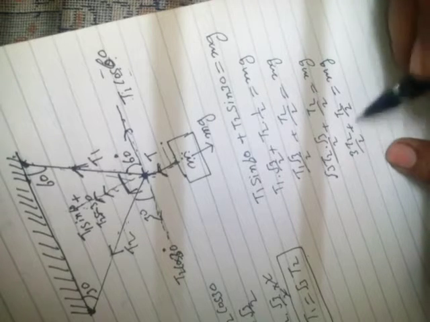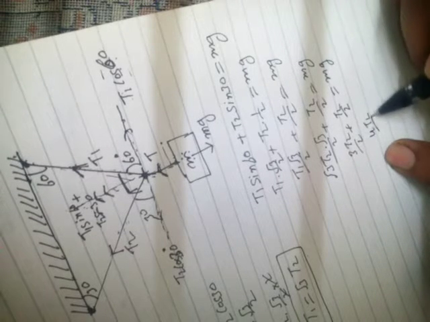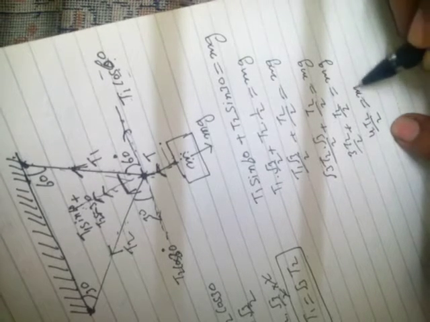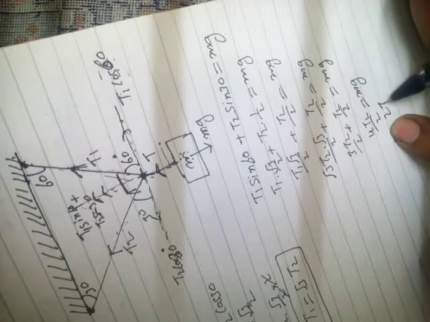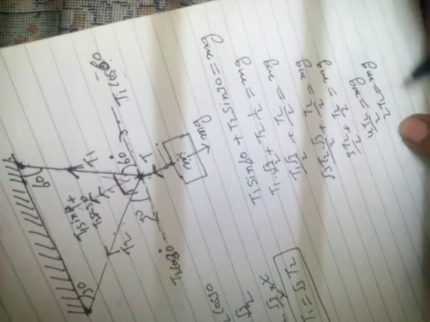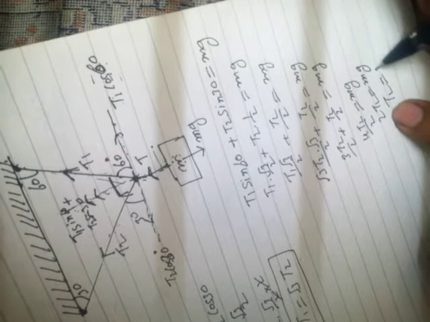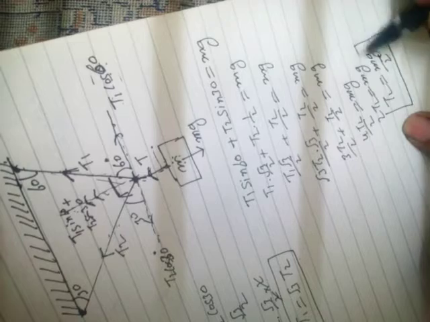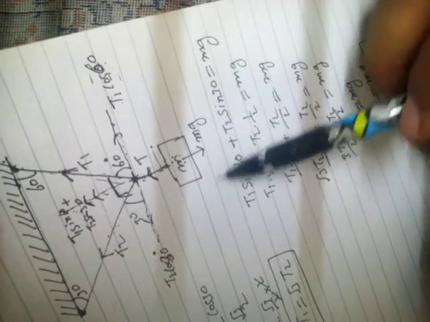This is 3 T2 by 2 plus T2 by 2 equal to mg, or we can say 4 T2 by 2 equal to mg, and 2 T2 equal to mg, and T2 equal to mg upon 2. So we calculated the T2 tension, this tension. T2 tension is equal to half of the mg.